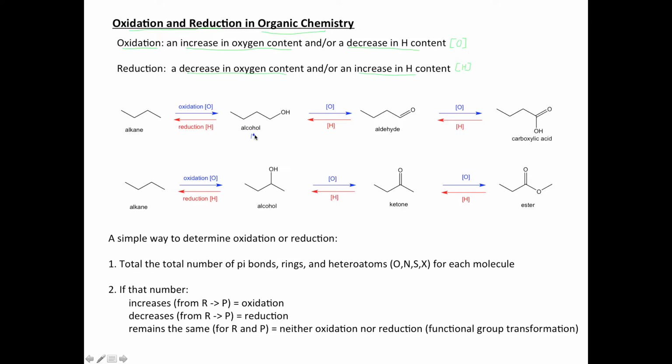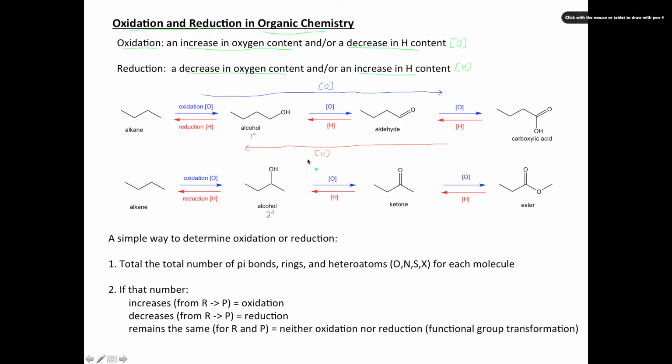Just to point out the difference here, here we have a primary alcohol and here we have a secondary alcohol. And for both of these graphs, as we go from left to right, we are talking about oxidation reactions. And as we go from right to left, we're talking about reduction reactions.